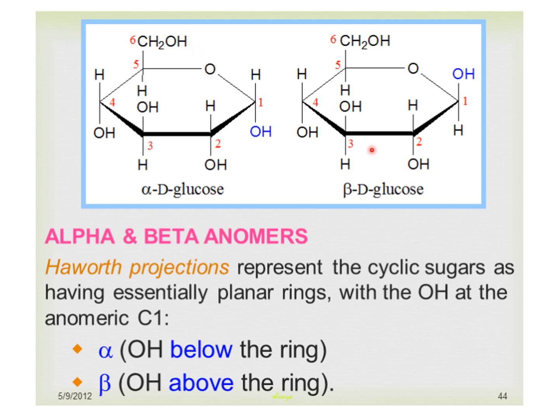When you say beta, the OH at carbon number 1 of the sugar molecule is found above the ring and on the same side as the CH2OH. These are all Haworth projections that represent the cyclic sugars as having essentially planar rings with the OH at the anomeric carbon 1. So, as I mentioned, alpha has the OH below the ring and beta has the OH above the ring.